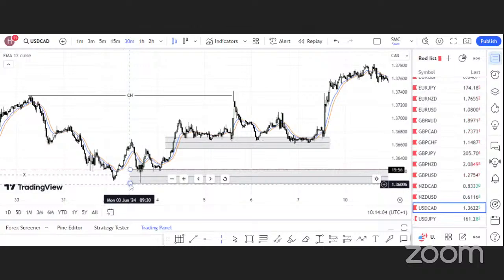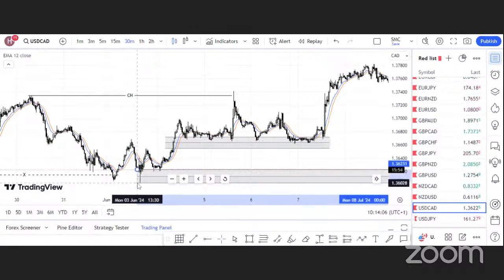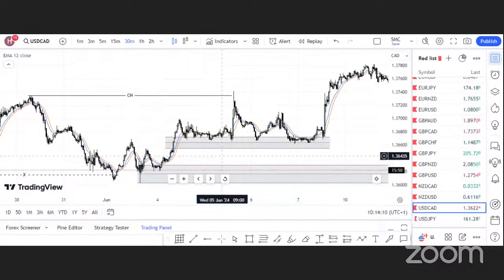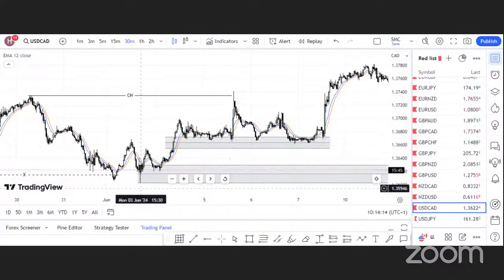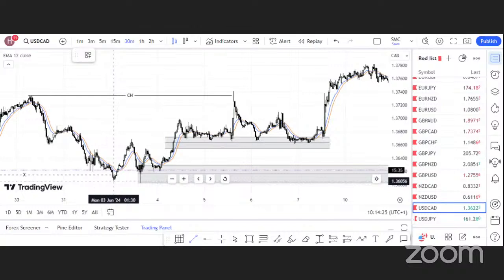Yeah, so what we have there is actually another order block. I think the market is trying to dive in more deep and do its usual thing, which is reverse or continue to go down.